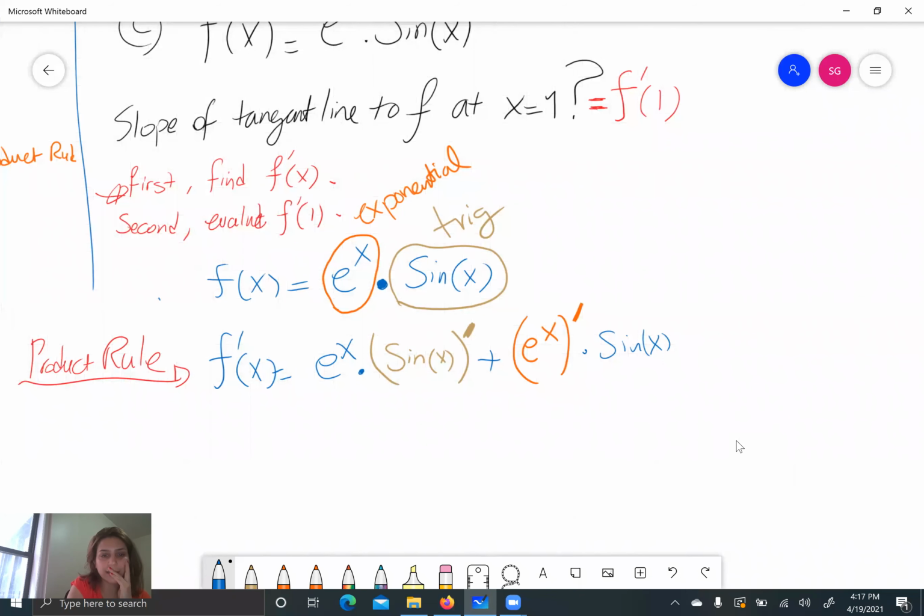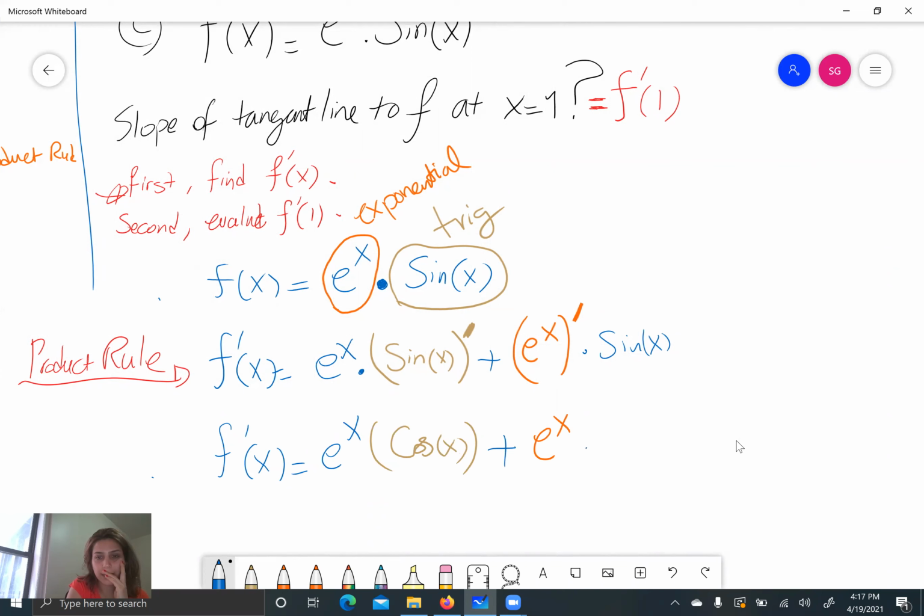Okay, so in the next step, we just need to evaluate these derivatives because they are basic functions. We know how to take that derivative. Derivative of sine is cosine. Derivative of e to the x is e to the x.